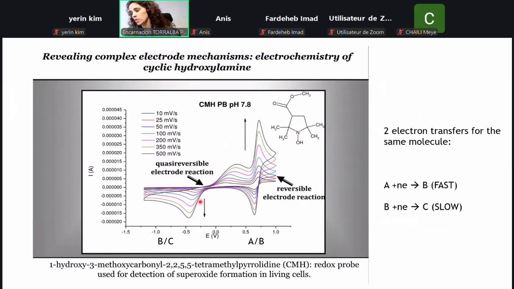And here I put just an example. I show you how we can see, if we have several electron transfers, that this one, for example, is very reversible, and this one is not so reversible. So I know that this species, the 1-hydroxy-3-methoxycarbonyl 2 and so on, has two electron transfers, one slow, one fast.